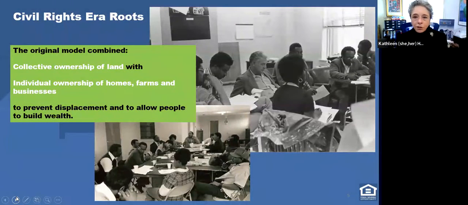The current slide shows people in meetings, planning and thinking together. And you can see Charles and Shirley Sherrod on the slide. The original model they created was collective ownership of land with individual ownership of homes, farms, and businesses on the land.